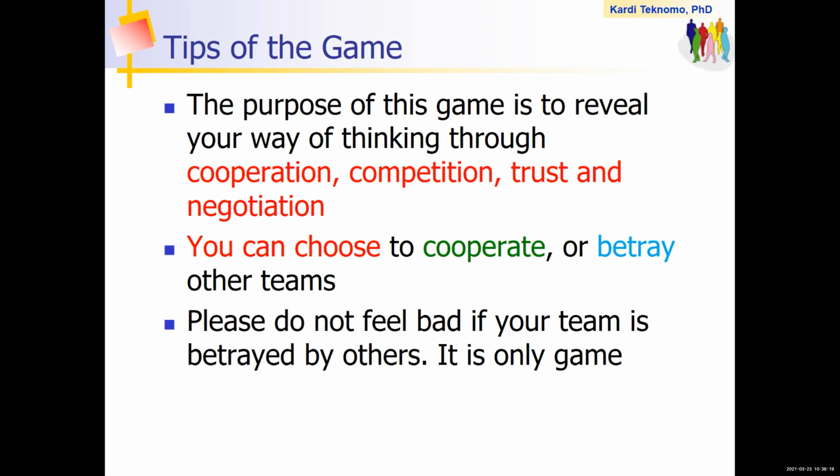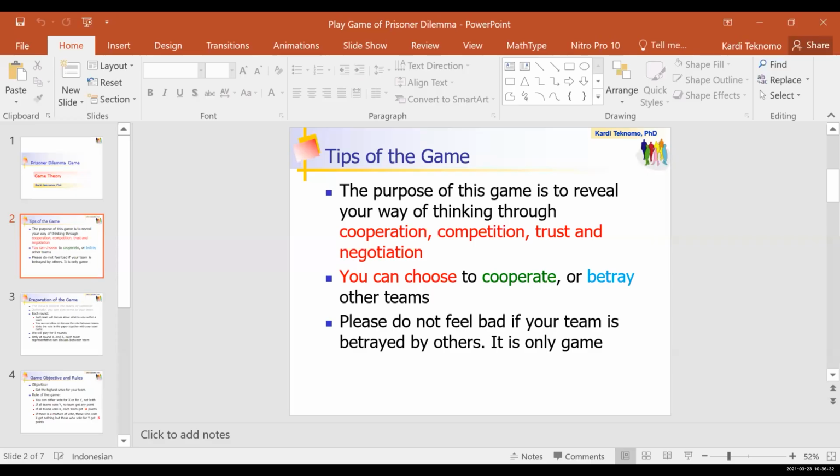Now you can choose to cooperate or to betray your other team. Because you are only a few, do you want to make a team or do it as individual? I think it's only 8. You can choose individual. Is it okay?